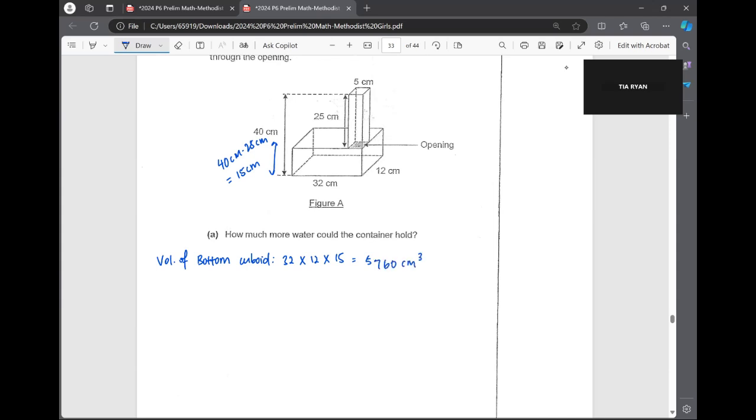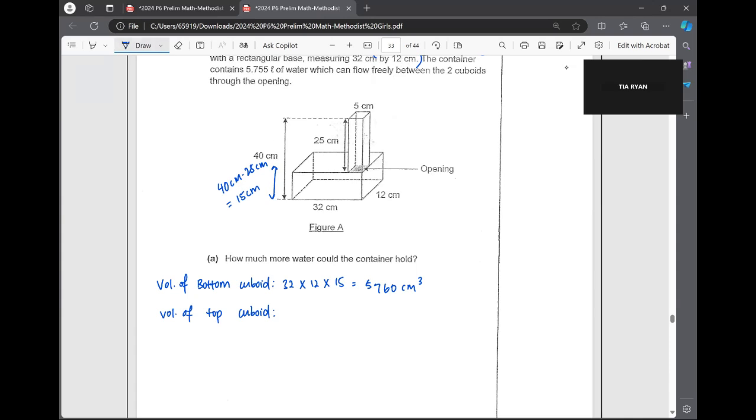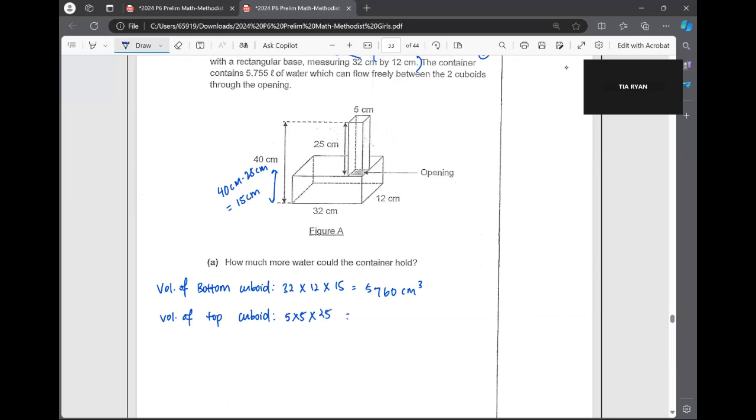Next, we have to find the volume of the top cuboid. The volume of the top cuboid is technically base area, which is square base 5 times 5, times height of 25 cm. 5 times 5 times 25, I'll get an answer of 625 cm cubed.